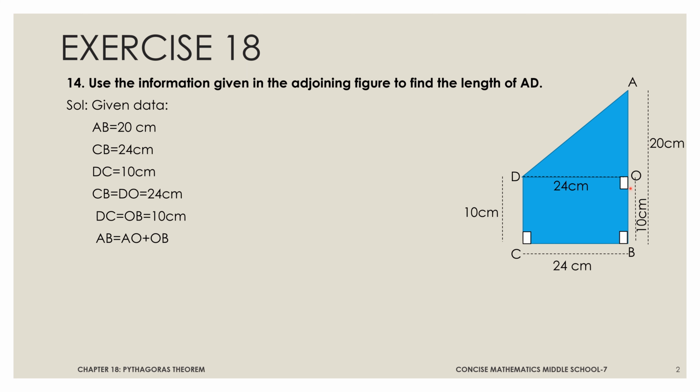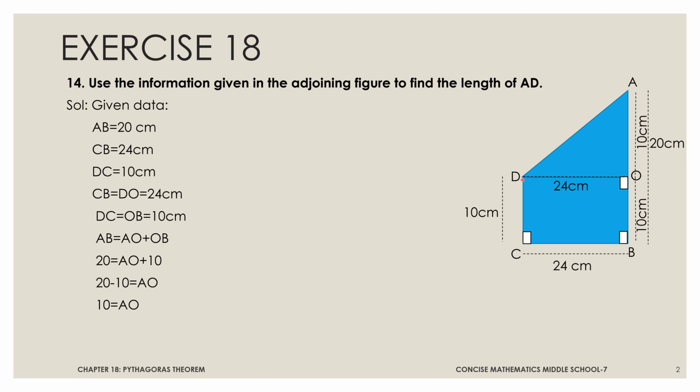AB means addition of A to O and O to B, right? Just substitute the values. AB is 20, which is equal to AO plus OB, which is 10 centimeter. Now just get all the numbers to one side, that is 10, you can take it to the other side. It becomes 20 minus 10 is equal to AO. 20 minus 10 will be 10. That is, AO will be 10 centimeter.